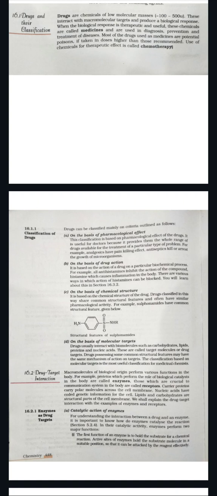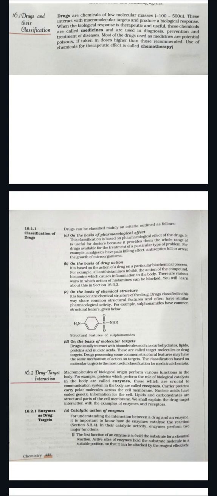These are called target molecules or drug targets. Drugs possessing some common structural features may have the same mechanism of action on a target. The classification based on molecular targets is the most useful classification for medicinal chemists.